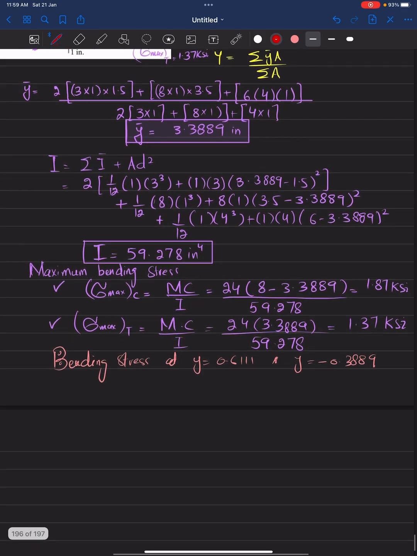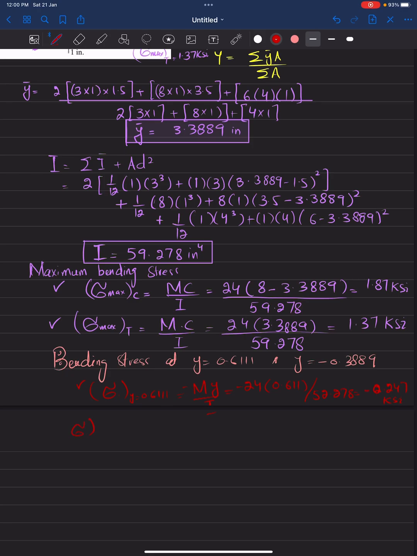So stress at y equal to 0.611 inch is equal to minus M y divided by I. So M is 24, minus y is 0.611, divided by I, which is 59.278. That will give you minus 0.247 ksi. So it means that the upper one is in compression. Clear?